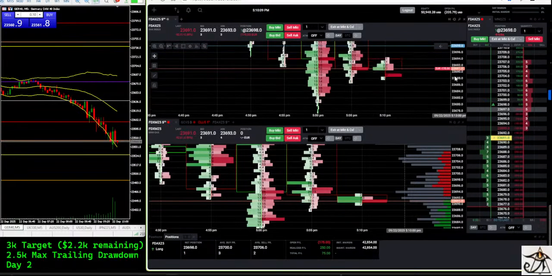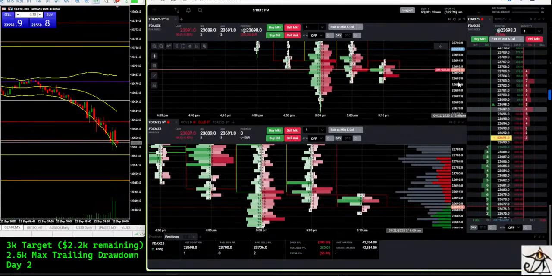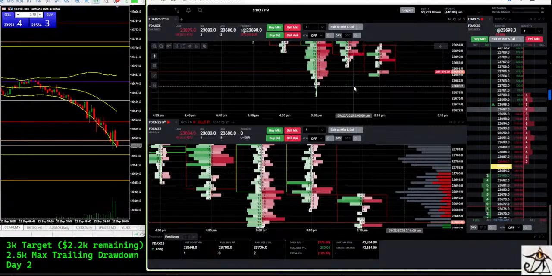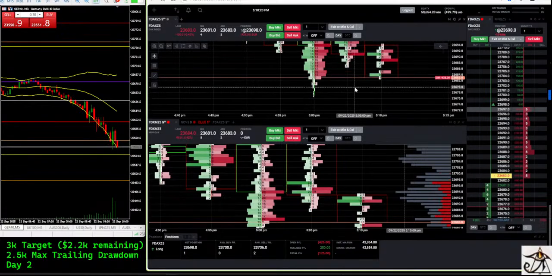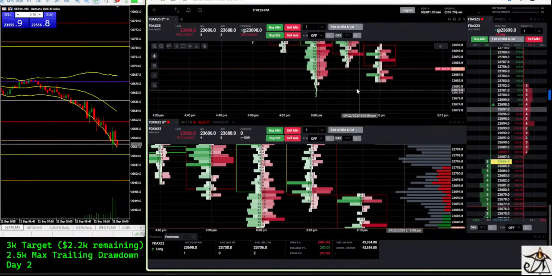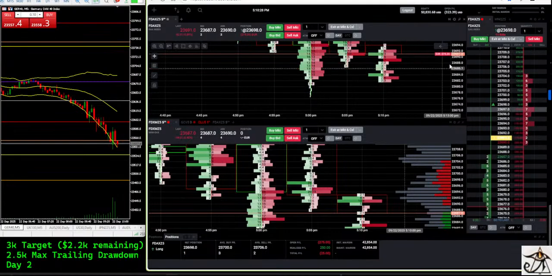It's really just kind of hovering around this level, soaking up orders. I'll need to be able to hit the button here shortly if this level kind of doesn't really hold.